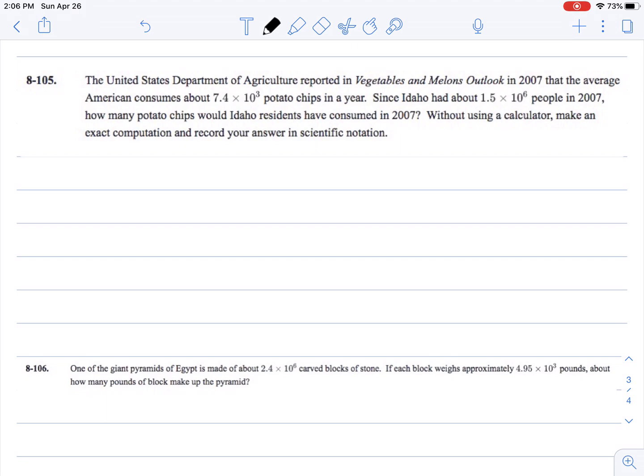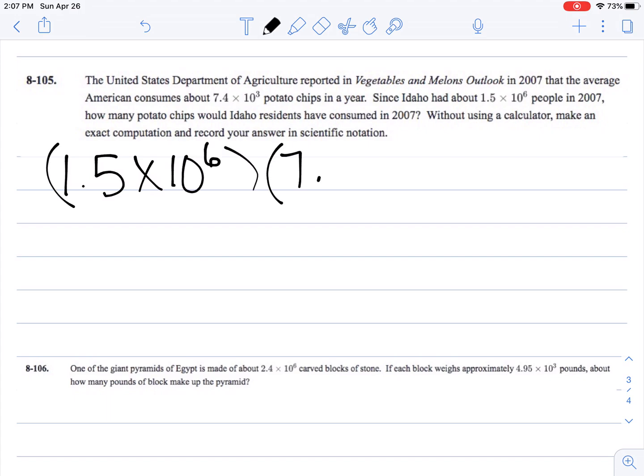So it's saying that the population is 1.5 times 10 to the sixth, and on average, each one of those people consumes 7.4 times 10 to the third potato chips per year. So we're going to be multiplying these together to find out how many potato chips they ate altogether.